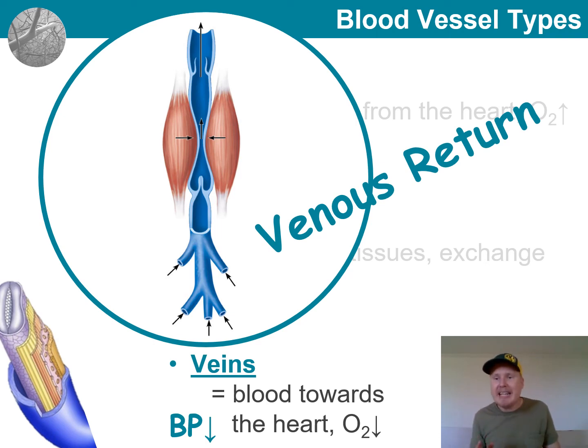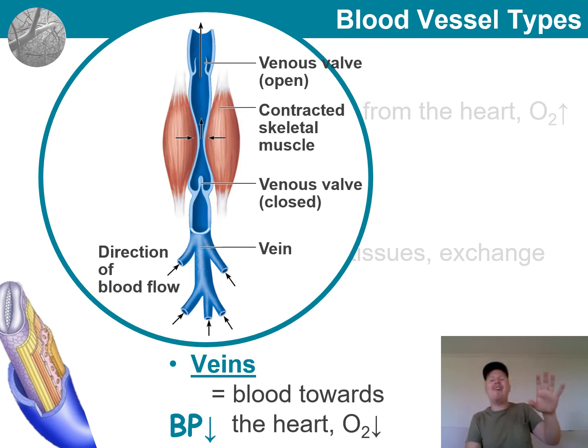So because blood needs to return back to the heart, and sometimes against the gravity for quite a long way, say for example if you are standing up from your feet to your heart, that's a hard task. And before you propose it, no, it is not the heart that sucks the blood back in. Instead, these valves allow the blood to return back to the heart.